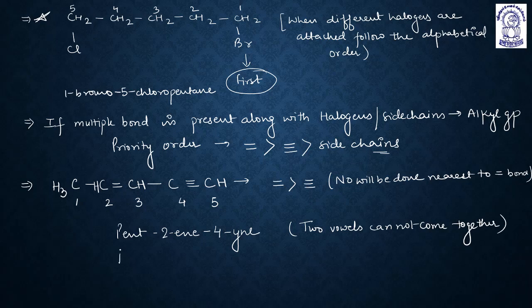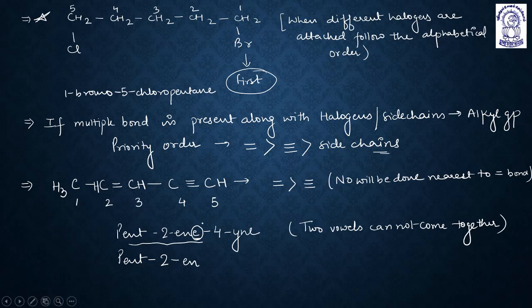Then you have to omit this E, because if you carry the ENE, it means the name of the compound is getting completed there, with nothing left after ENE.